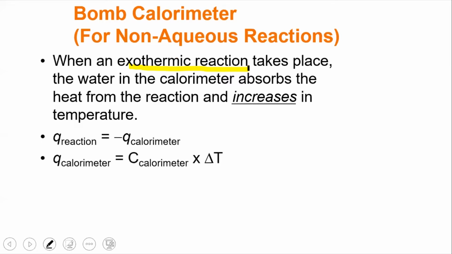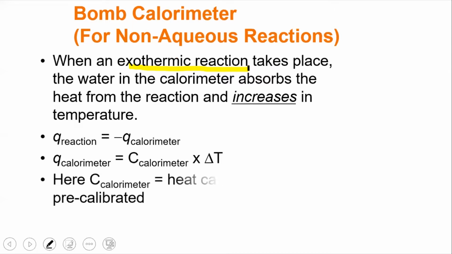The formula for calculating the heat exchange in the calorimeter is C times delta T. So instead of mCΔT, this is just CΔT. C of the calorimeter represents the heat capacity. We have to pre-calibrate the calorimeter and figure out in that calorimeter, and that includes the water in it, but also includes, of course, the steel container of the bomb and also the interior of the insulation jacket of the calorimeter.